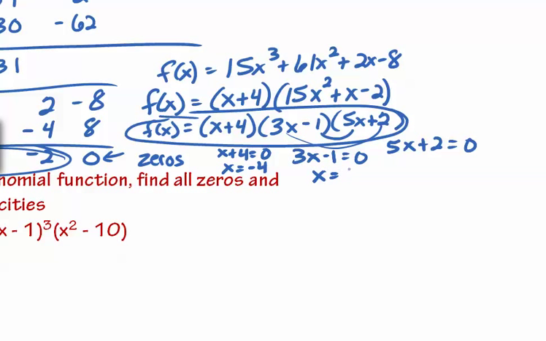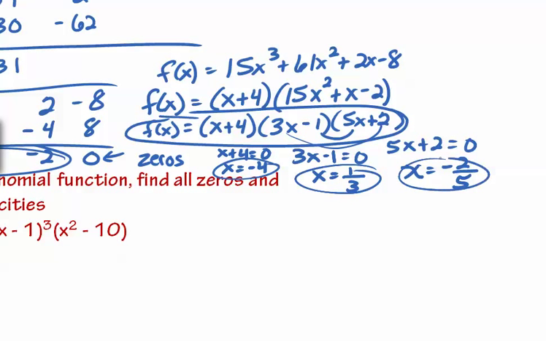You can solve these. Move the 1 to the other side, divide by 3. Move the 2 to the other side, it will be negative, divide by 5. So you can leave your answer in equation form. These are our 3 zeros. Or you could write it in set notation. And it would be nice, not required, but nice if they were smallest to largest.